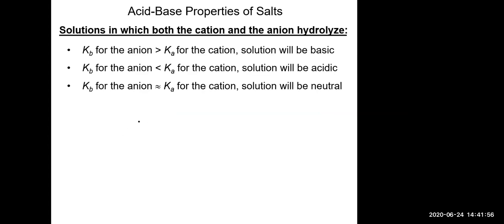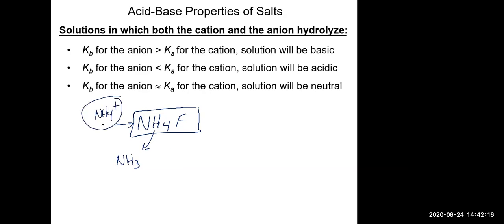So for example, if you had this salt, ammonium fluoride, the ammonium would come from NH3, which means this part of it, NH4 plus, should go through hydrolysis. The F here would probably come from HF, which means this part of it, F minus, would also have the ability to go through hydrolysis.